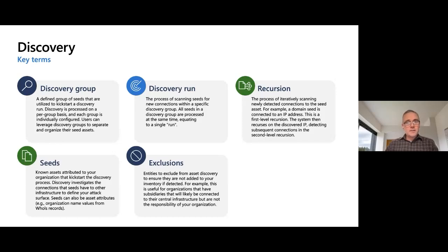And the reoccurrence of that discovery is called a discovery run. And how often that happens, of course, I think you understand, is the recursion. Now, the seeds that are part of discovery tend to be almost always domains, ASNs, and IP blocks.